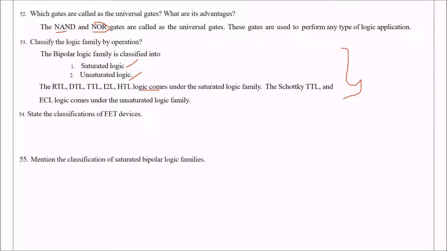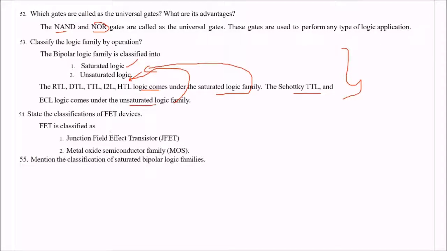These come from saturated logic, and from unsaturated, the Schottky TTL and the ECL logics come from the unsaturated logic. State the classification of FET device. FET are field effect transistors. FET are classified as JFET and MOS. JFET is junction field effect transistor, and MOS is metal oxide semiconductor.